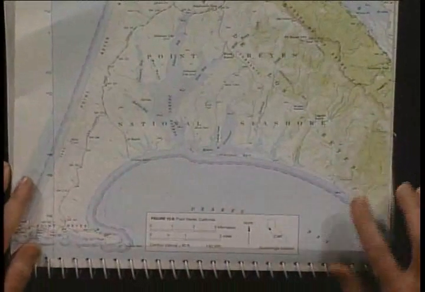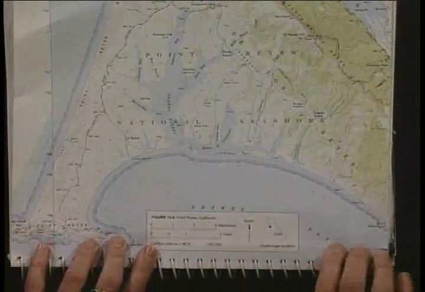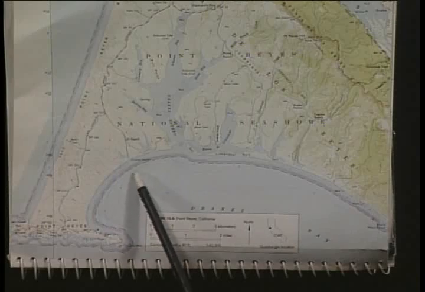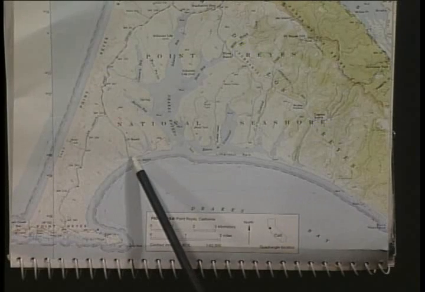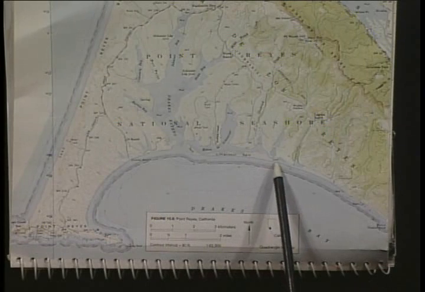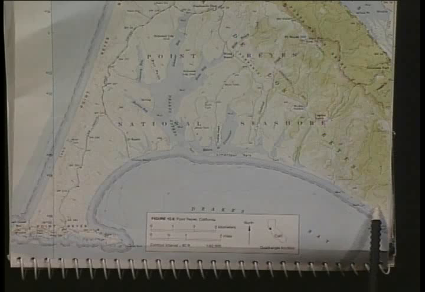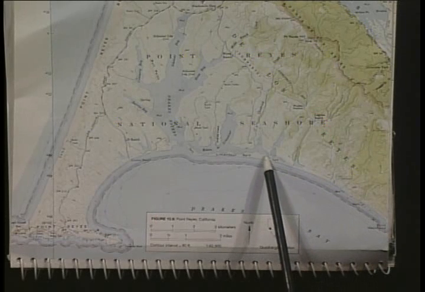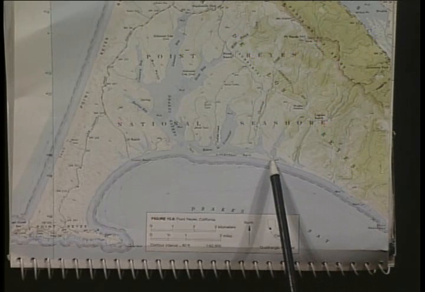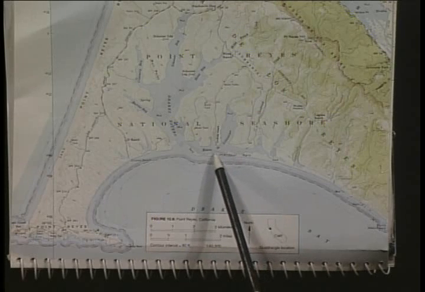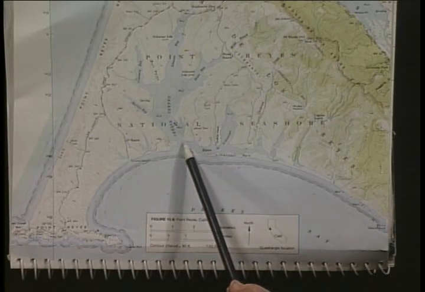a few features at least on this map. We know we have a shoreline. We have water and we have land. Look at this feature. You can see that we have beaches here, but we seem to have some sand movement beyond the main beach, continuing to move all the way here.